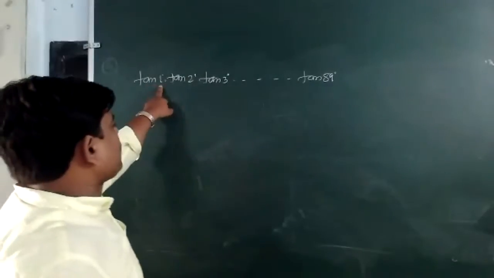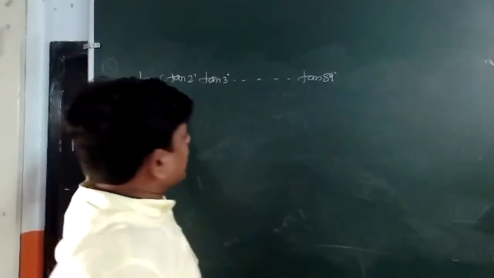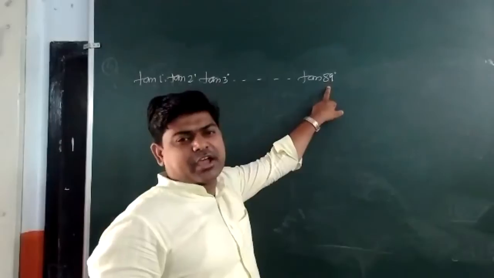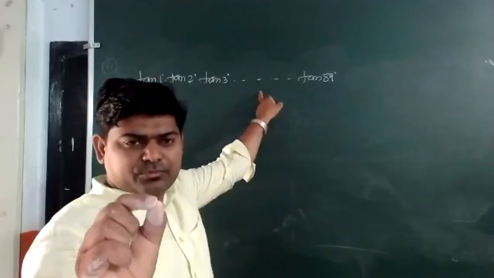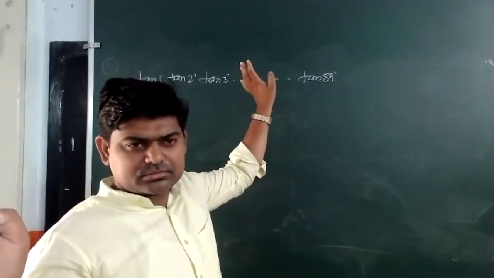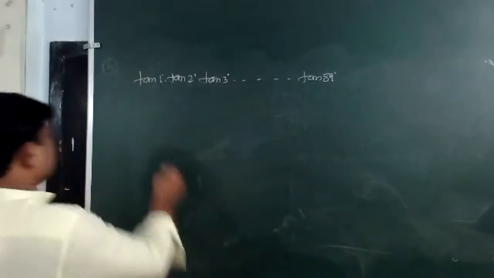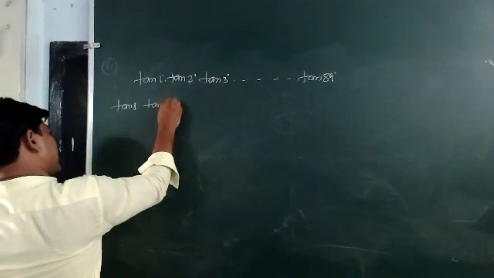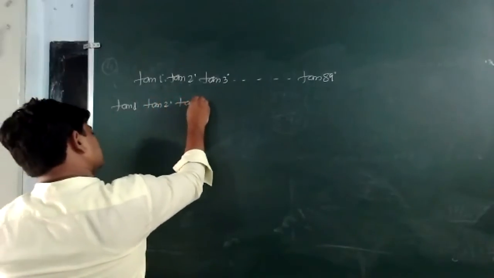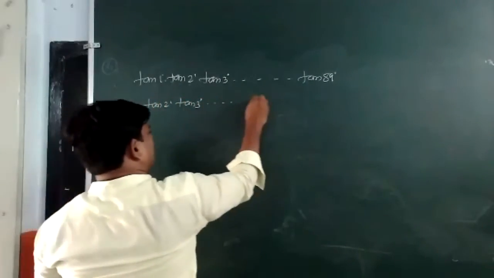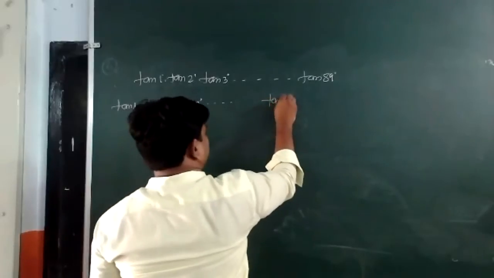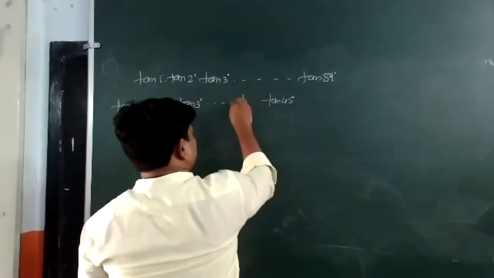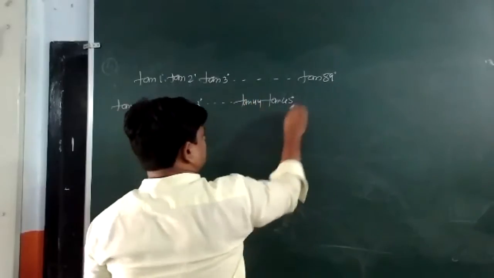Okay, let me tell you one thing. If I started from 1 and reached till 89, so between them 45 should come or not? Yes, sir. The same question can be written as tan 1 degree, tan 2 degree, tan 3 degree, and here I am writing tan 45, and one angle which is less than tan 45 is 44.